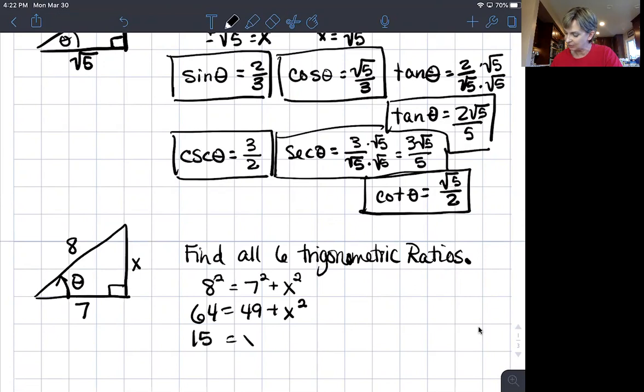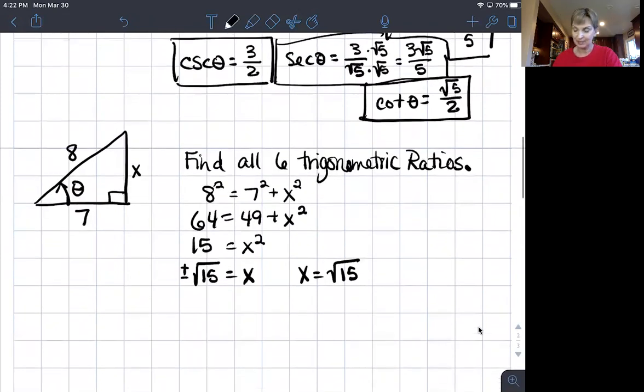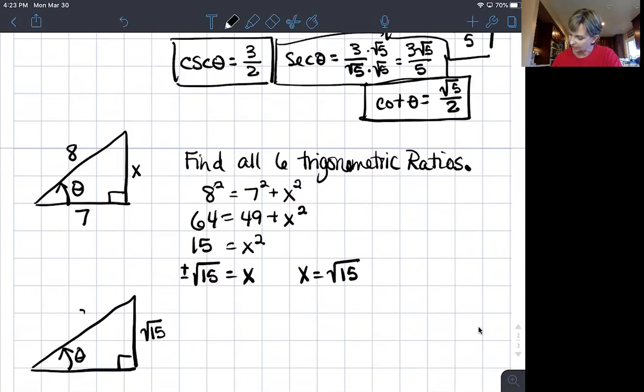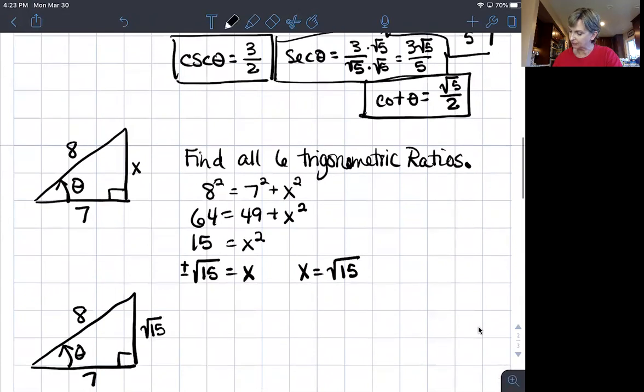That's 15 equals x squared, or plus or minus the square root of 15 is x, but length can't be negative square root of 15, so it has to be positive square root of 15. Okay, so now we have all three sides of our triangle. We have positive square root of 15, we have our angle, we have an 8, and we have a 7.